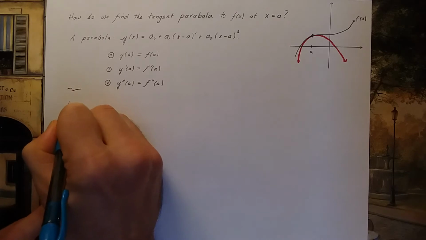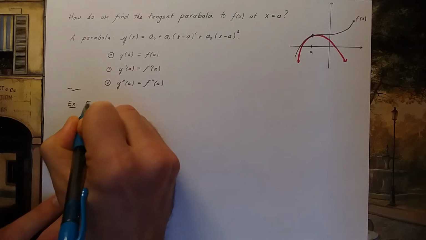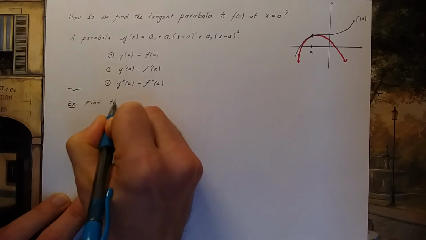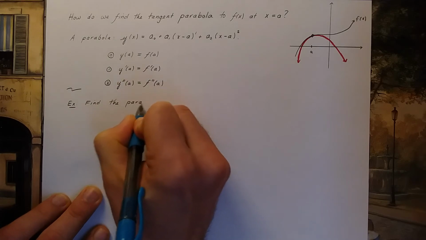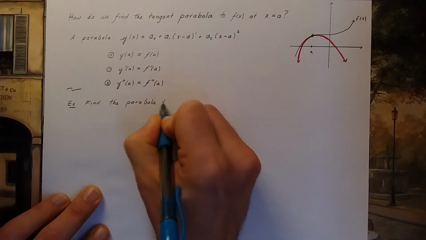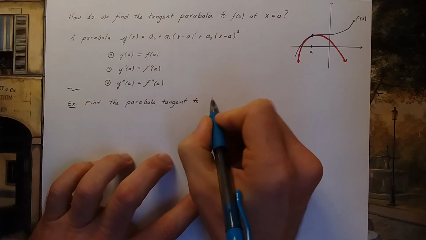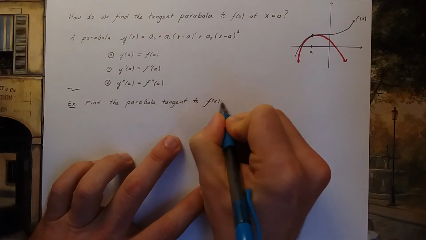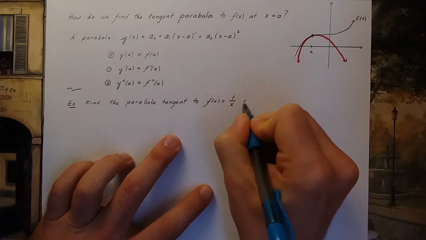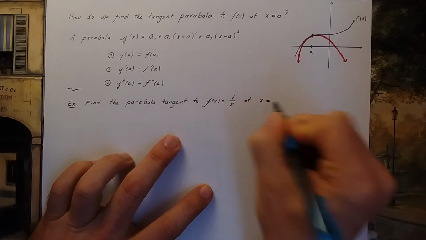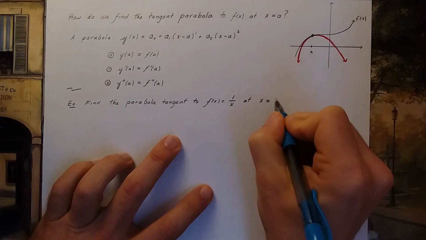All right, let's do an example. Let's find the parabola tangent to the graph of 1 over x at x equals 1.